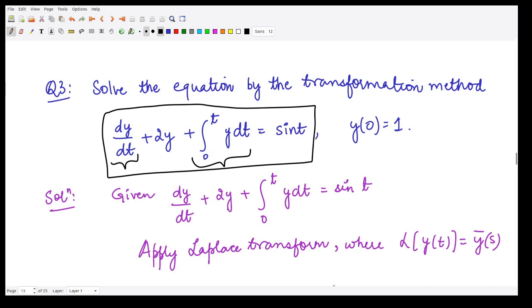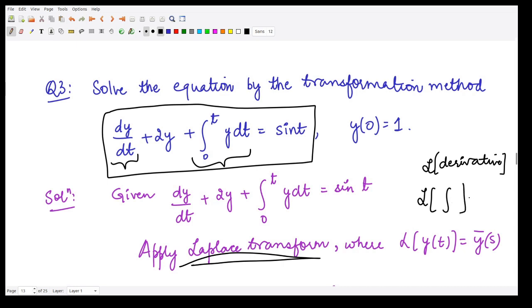So what we will do, we will apply the Laplace transform here, because we already know how we can calculate the Laplace transform for derivatives. And in addition to that, we also know how to compute the Laplace transform of integrals, right? So knowing all these things and making use of this, we can solve this very easily.